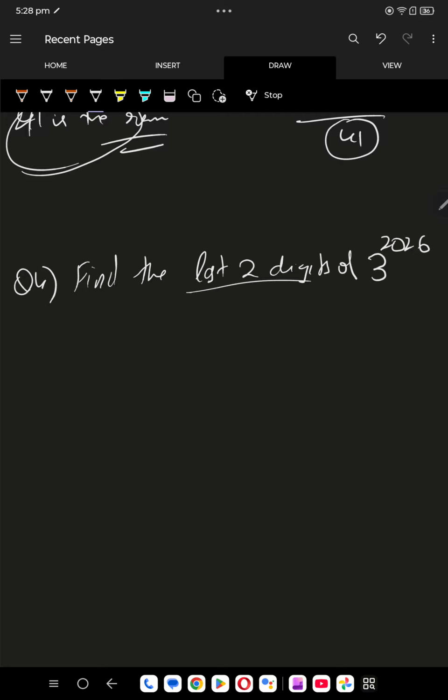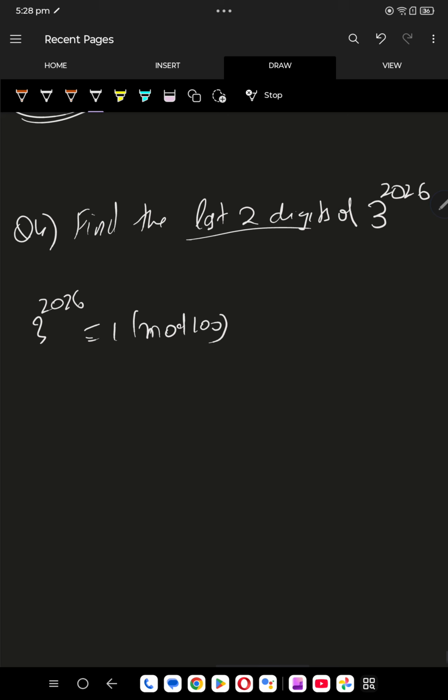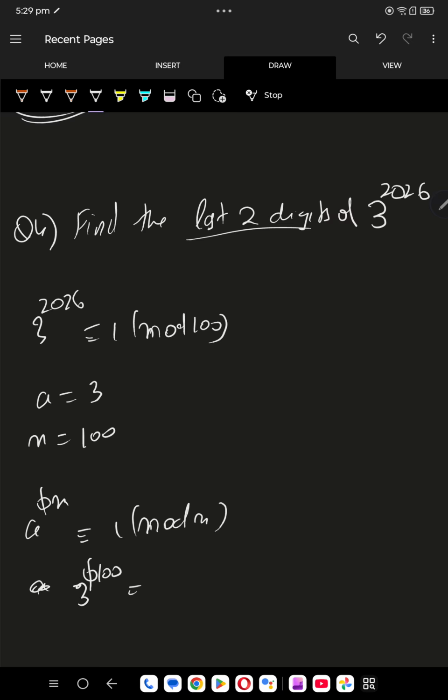So 3 power 2026 mod 100. Why 100 and not 10? Because they have asked for the last two digits. If they had said last digit, we would have taken 10. Here a is 3, n is 100. So a power φ(n) is congruent to 1 mod n. So 3 power φ(100) is congruent to 1 mod 100.